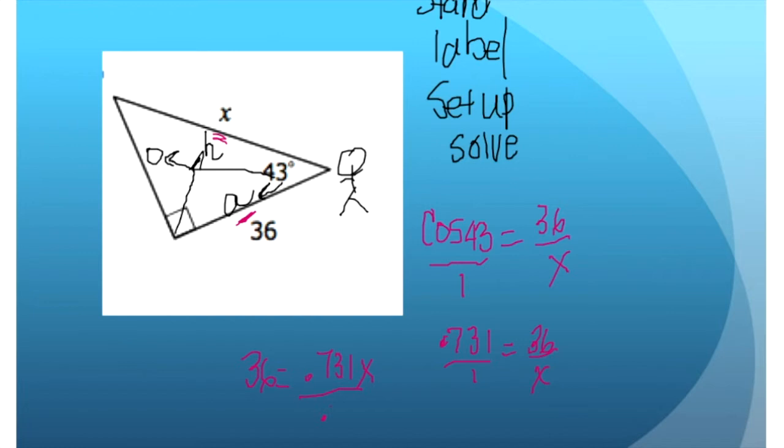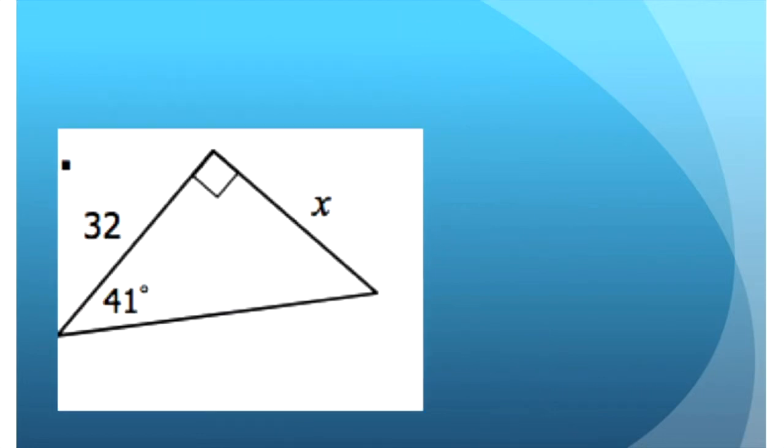We're going to divide both sides by 0.731. Give you a chance to do it on your calculator. What do we get? 36 divided by 0.731 is equal to 49.2. So X is equal to 49.2. Well, it makes sense that the hypotenuse is definitely bigger than the leg, 49.2. So that's kind of a way you can check this out.